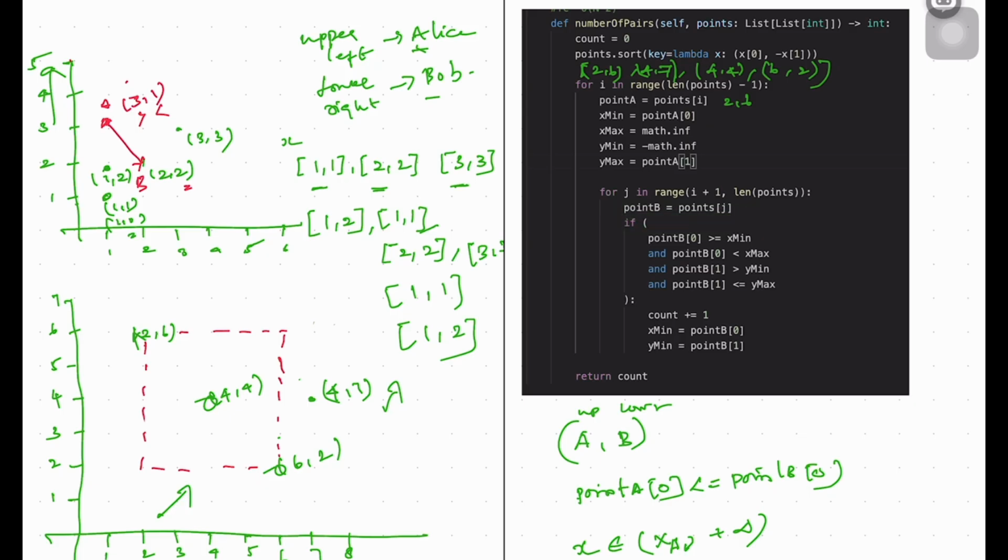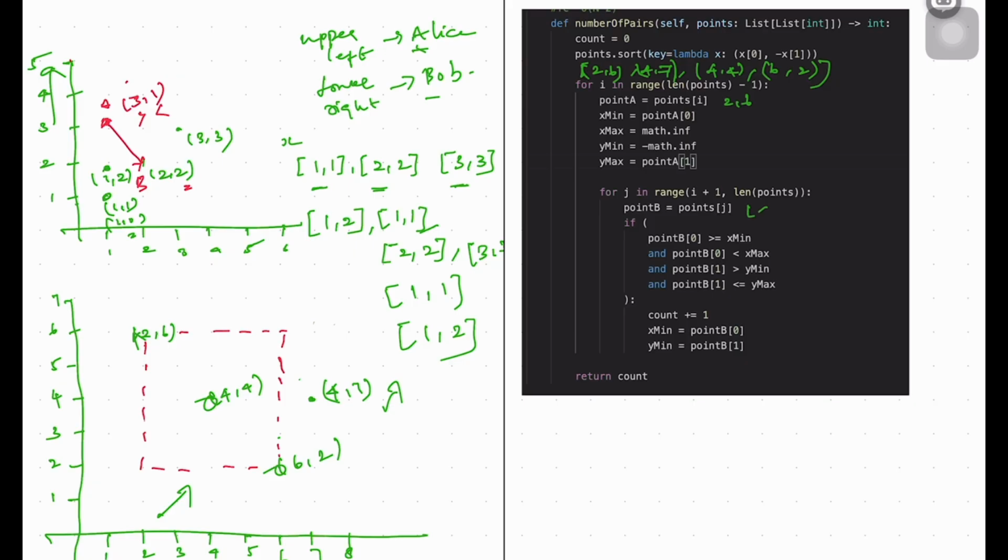Now our point B will be 4 comma 7. You have taken 4 comma 7 here, and 7 is greater than 6. So will it be considered?